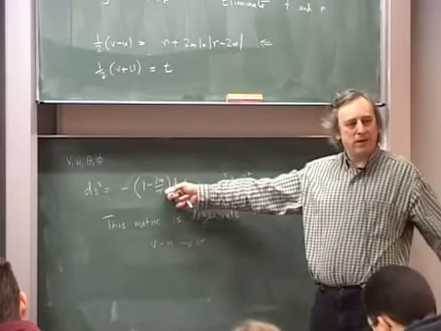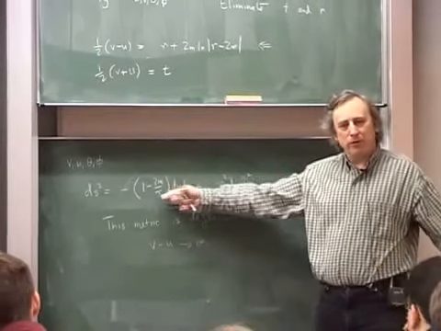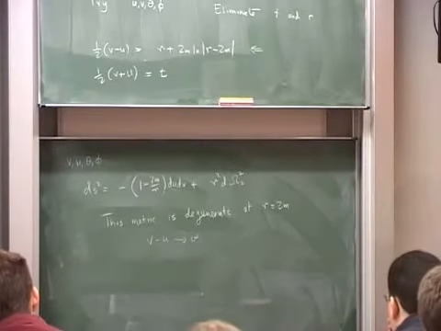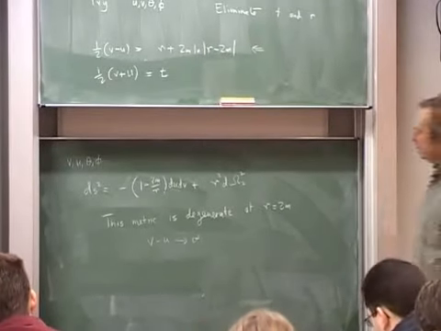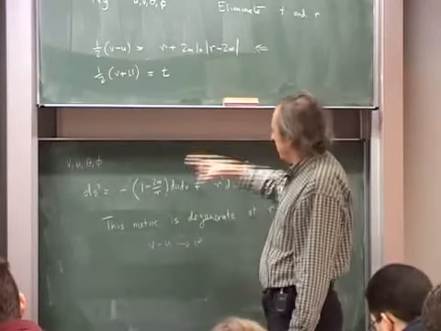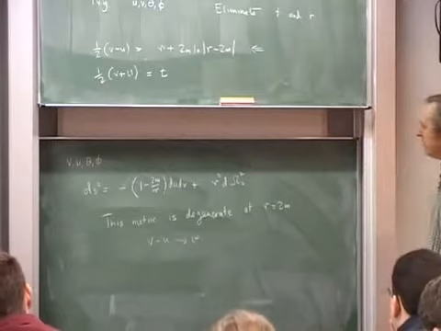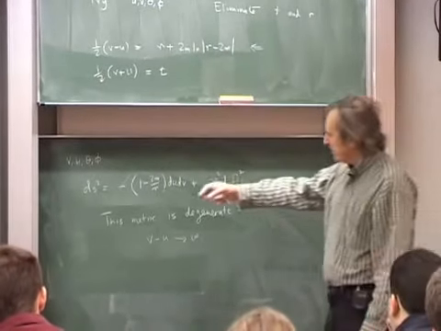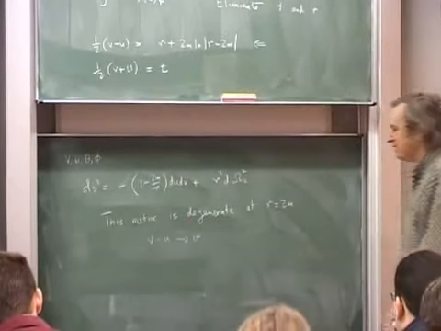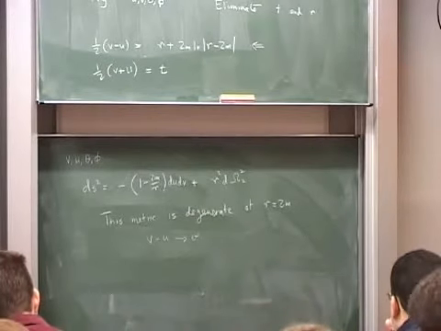If you think about this thing as a matrix, it's not invertible at r equals 2m. Its determinant vanishes. You can determine r everywhere from u and v except at r equals 2m. So you know that something peculiar is going on, but the fact that this thing vanishes, even as a function of u and v, tells you you're in big trouble.